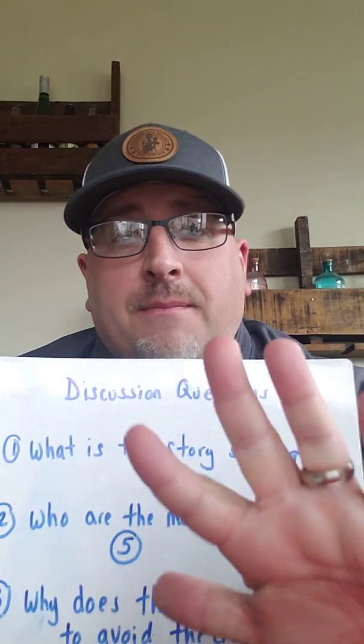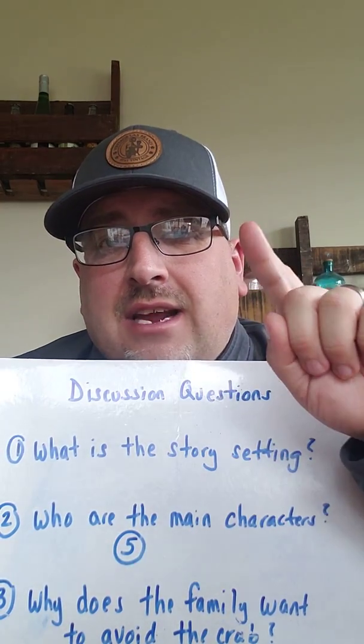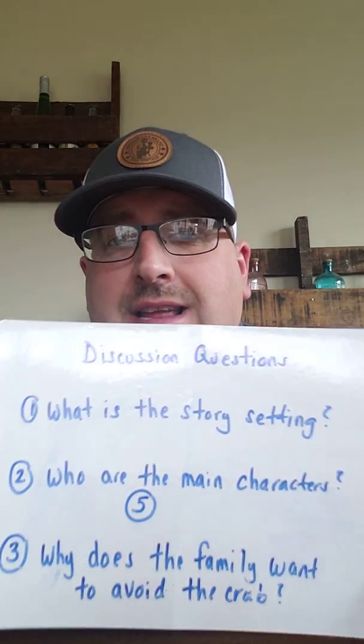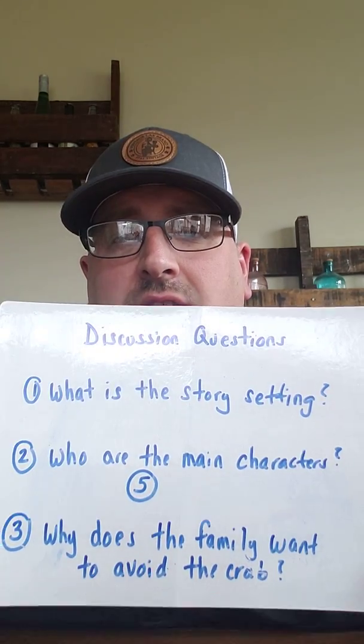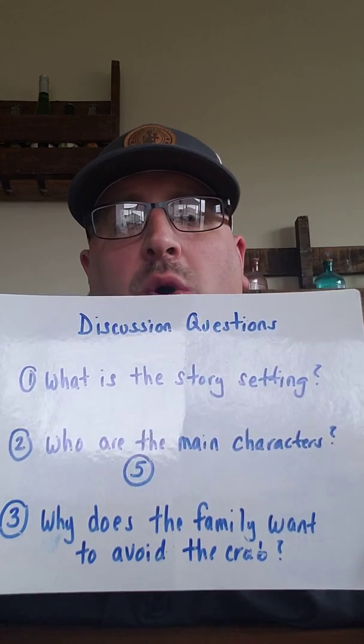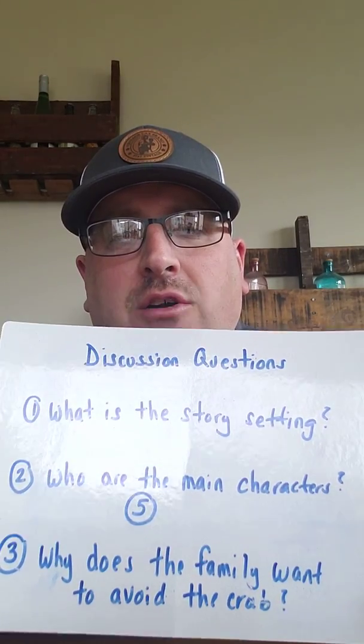There's 5 main characters. I gave you that hint. Think about it. There's 2 kids, 2 parents, and someone else in there. 5 characters. And number 3. Why does the family want to avoid the crab? Why do they want to stay away from that crab?